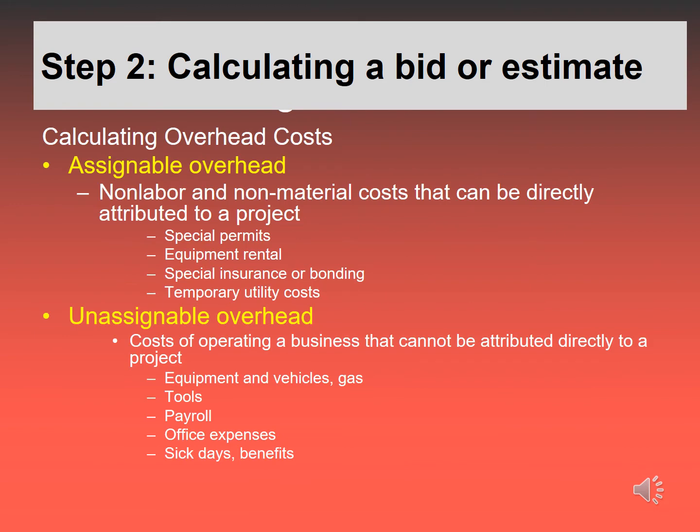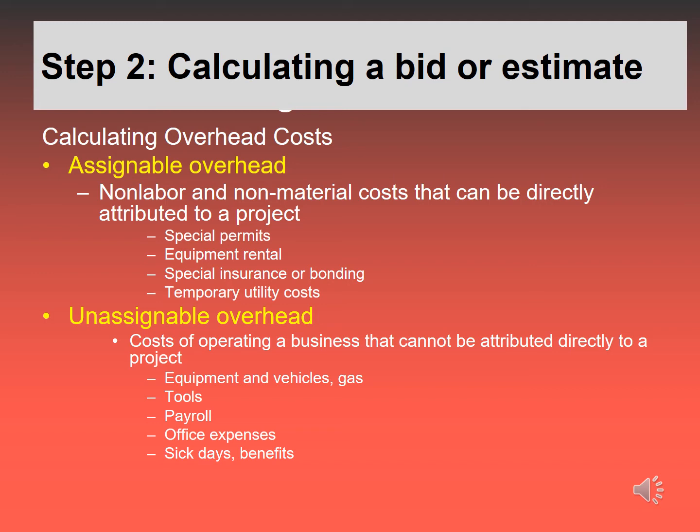Lastly, as far as the costs and estimation and calculating goes, overhead costs. There are 2 types of overhead, assignable and unassignable. Assignable is the non-labor and non-material costs that can be directly attributed to a project.